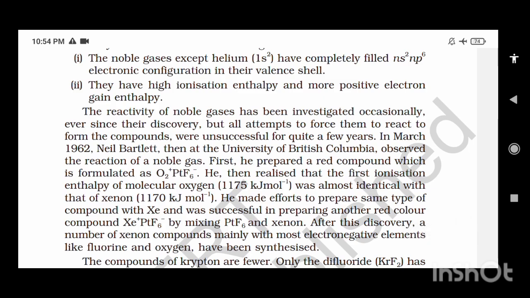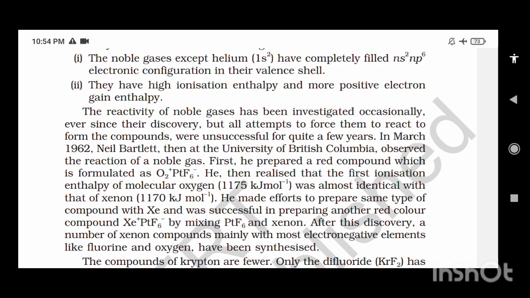First, he prepared a red compound formulated as O2+PtF6-. He then realized that the first ionization enthalpy of molecular oxygen was almost identical with that of xenon.